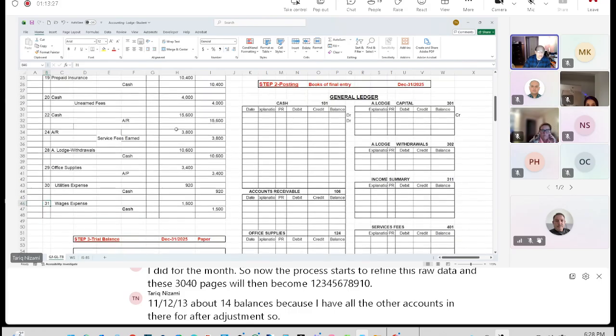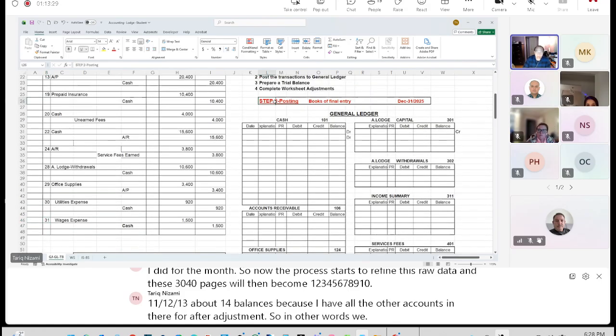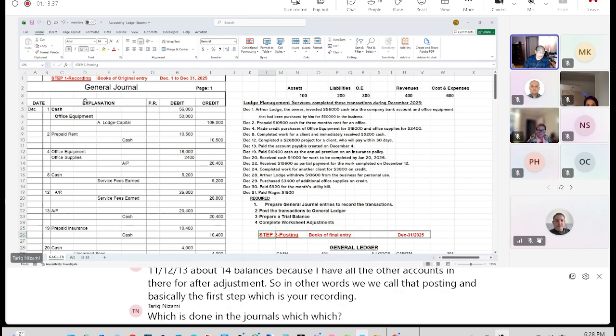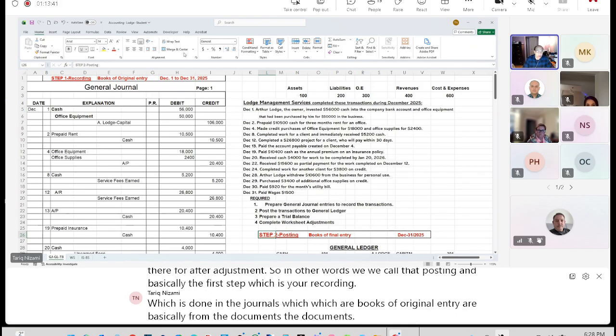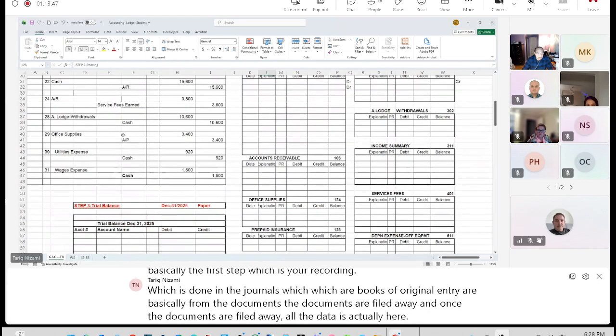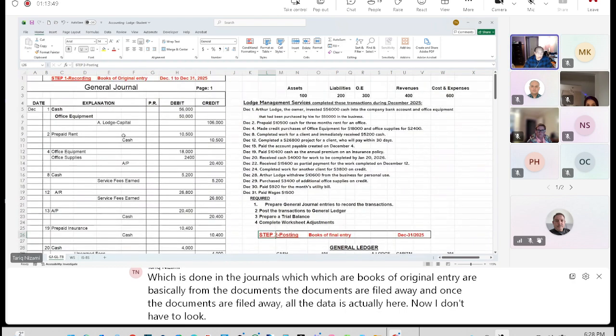In other words, we call that posting. The first step, which is your recording, is done in the journals, which are books of original entry, from the documents. The documents are filed away, and once they are, all the data is here. Now I don't have to look at the documents anymore.